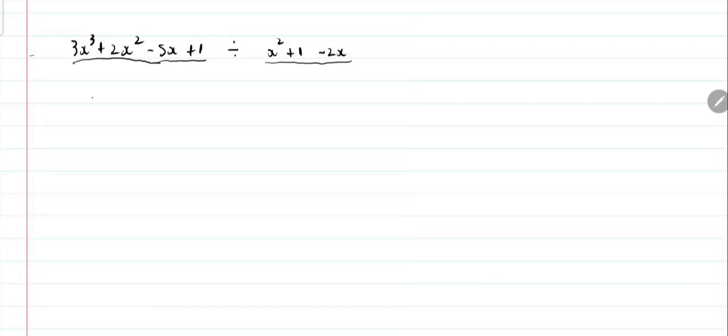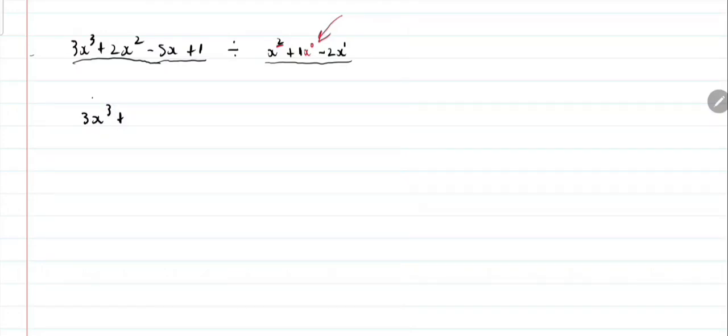And if I look at my divisor here, I can see that it's not in standard form, because I went from x to the second power to x to the 0 power, then to x to the first power, right? So I just have to rearrange it to write it in standard form.